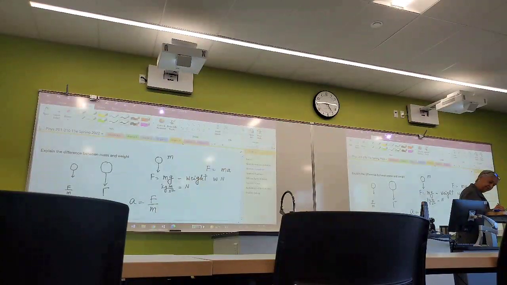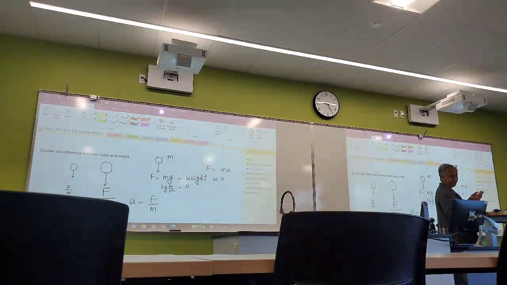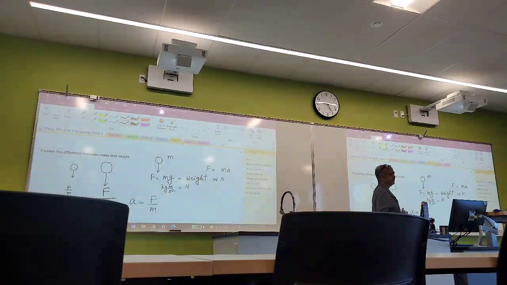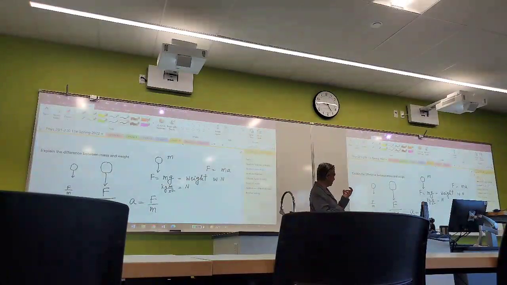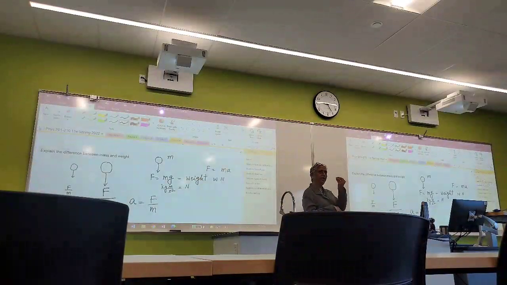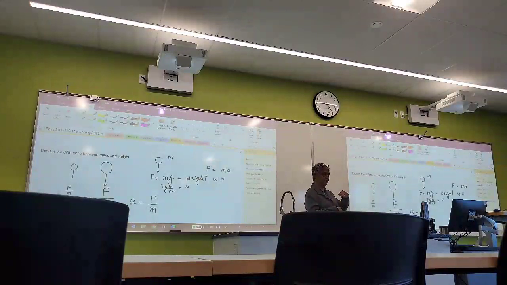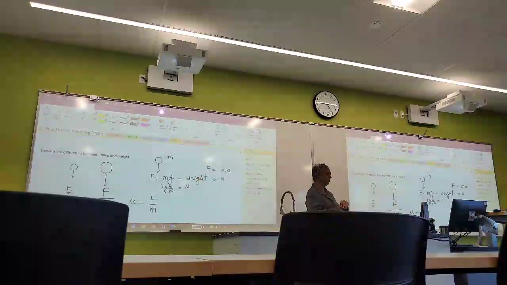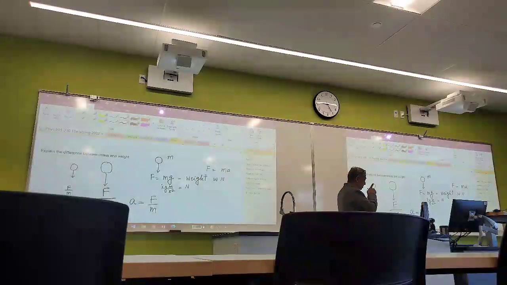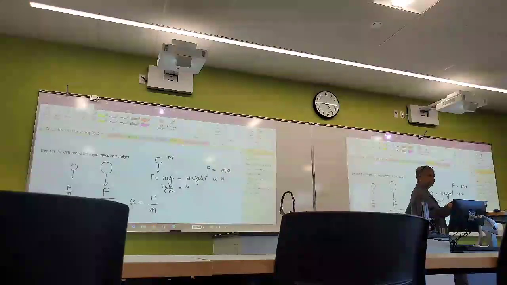Here force is big and mass is big, and the ratio can be the same. That's what is happening here, so they both have the same acceleration. When you think of acceleration, think of both force and mass, not just the force. Not like, oh, force is bigger, so acceleration has to be bigger. Not necessarily true. Both are important.